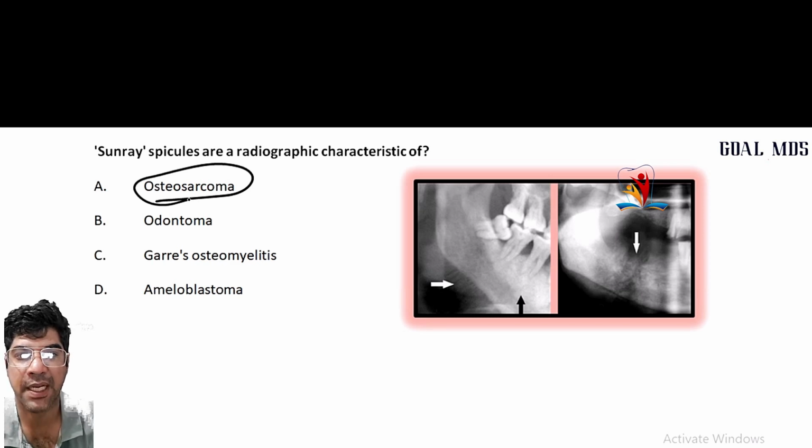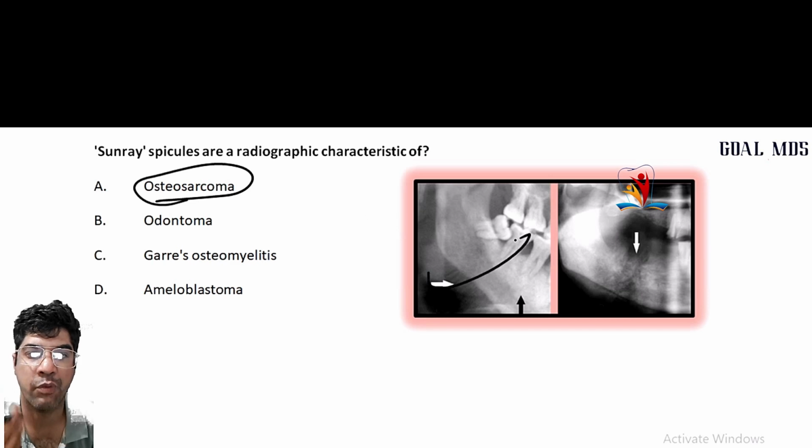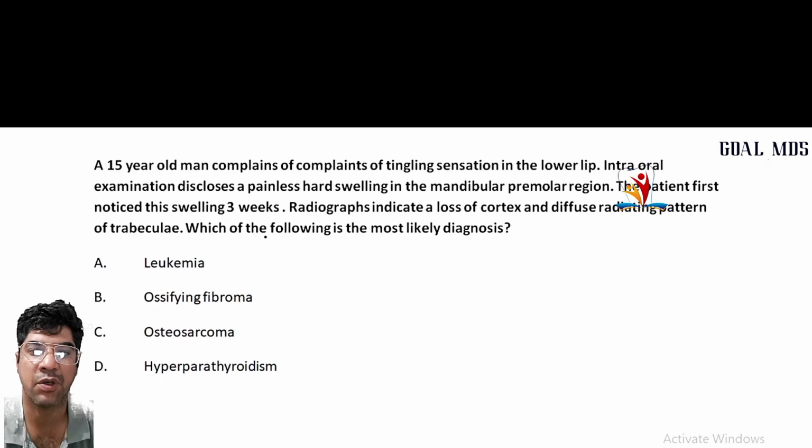So the Sharpey's fibers that attach the periosteum to the bone stretch out and form spicules that radiate outwards from the lesion, creating a sunburst or sun ray pattern on the X-ray image.